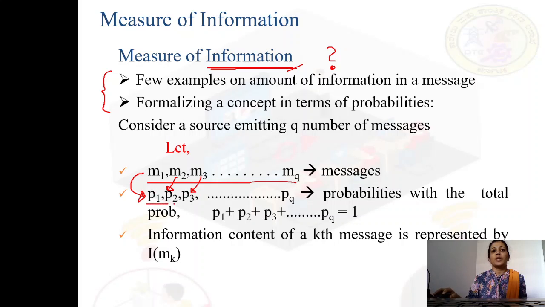Since we have Q probabilities related to Q messages, the total probability is equal to 1, that is P1 plus P2 plus P3 up to PQ is equal to 1. Let us consider that I of Mk represents the information content of the kth message. So I represents information and k represents the number of the message. For the kth message, the amount of information is represented by I of Mk.